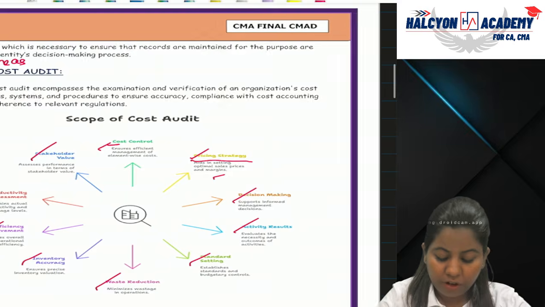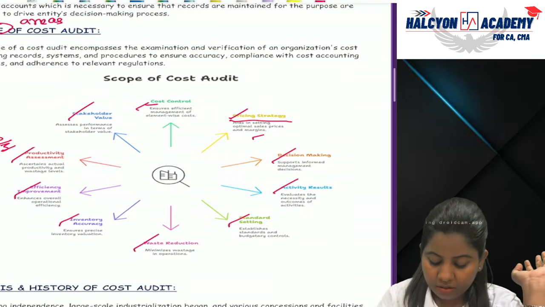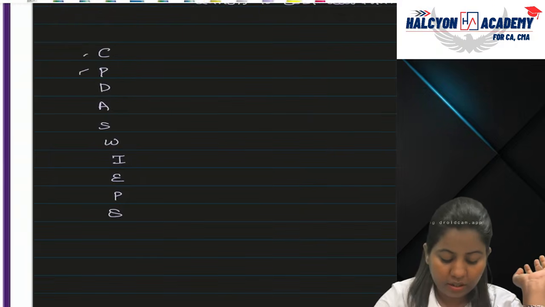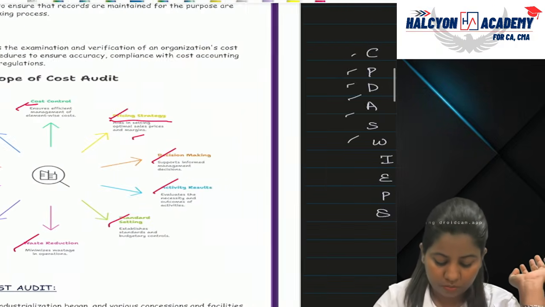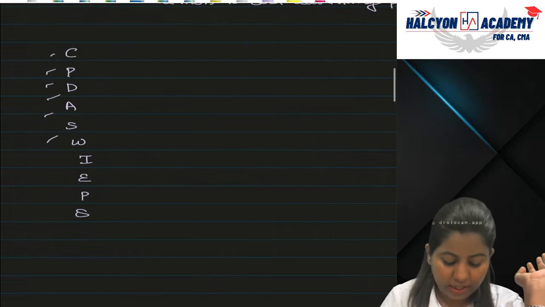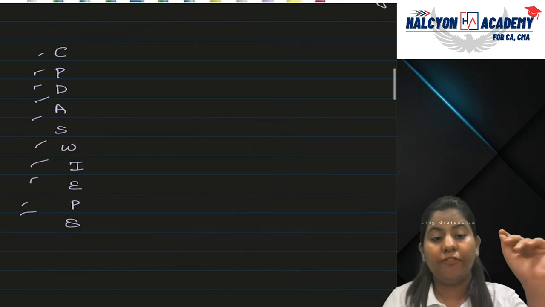C, P, D, A, S, W. I, E, P, S. I took the first alphabet of each and every key point.